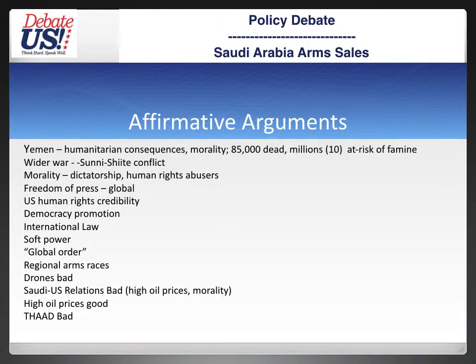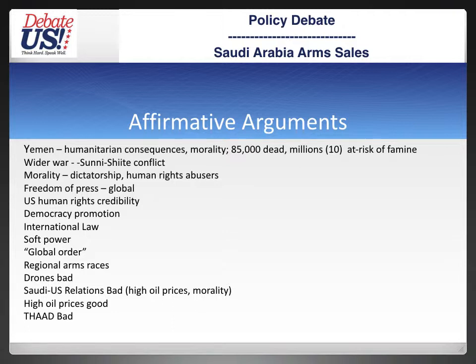So some people say these arms sales make the U.S. look bad, like countries don't like us. Here we are selling weapons to a monarchy where they're abusing a lot of human rights, cutting up journalists and conducting wars in Yemen. Now, maybe in some ways those promote our hard power, which we'll talk about in the negative arguments, but that is a critical argument there, soft power.